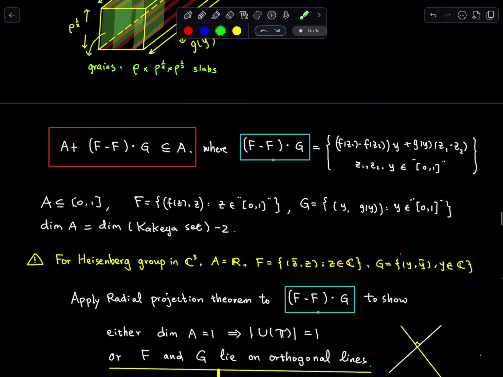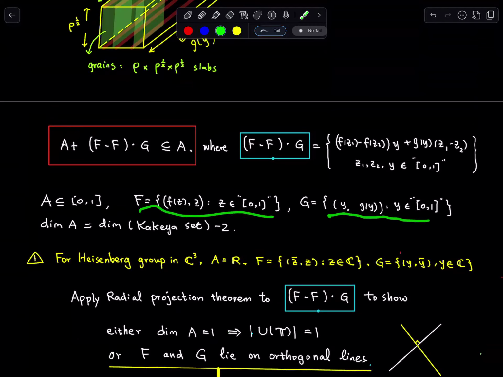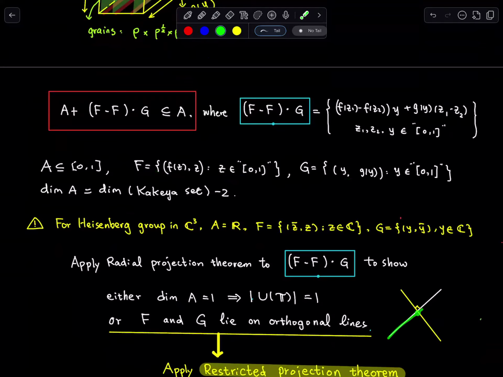So F and G are like graphs. If F and G lie on orthogonal lines, then F minus F dot product with G just gives us one single point. So that is the goal.